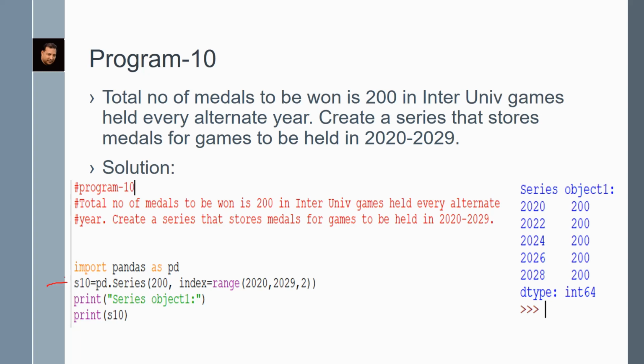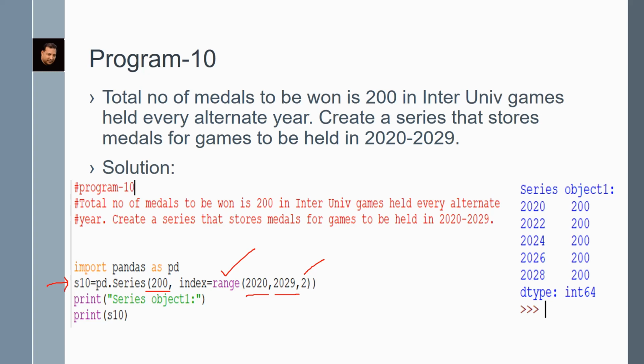See this line. Import pandas as pd. S10 is equal to pd.Series, right here 200, and create an index by using range 2020, 2029, starting value, ending value, and 2. It means step value is 2. So every time 2 will be added. 2020 plus 2 is 2022. Then 2022 plus 2 is 2024.